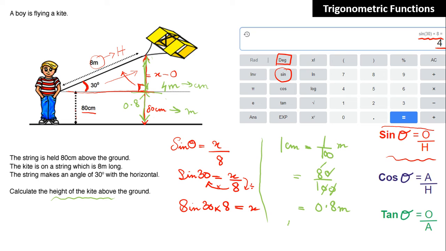So I'm just going to add these two up, and 4 meters plus 0.8 meters gives me the answer as 4.8. So that means my height above the ground is, oops, 4.8 meters.